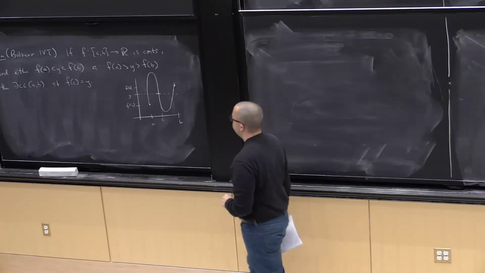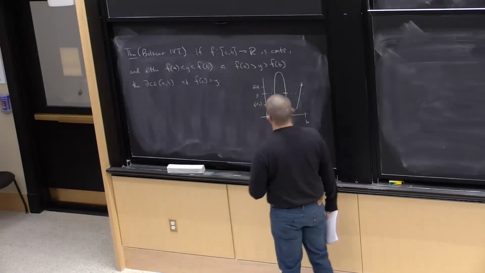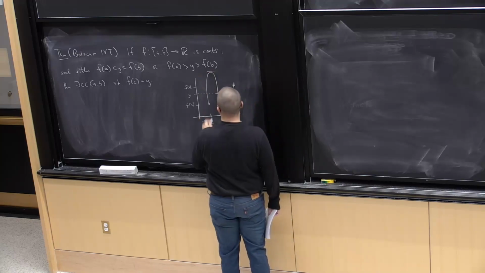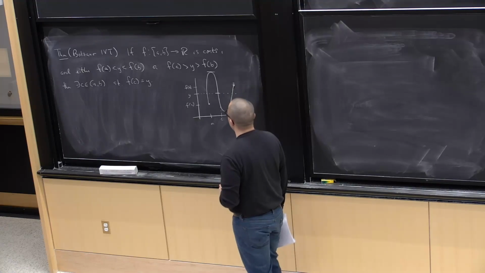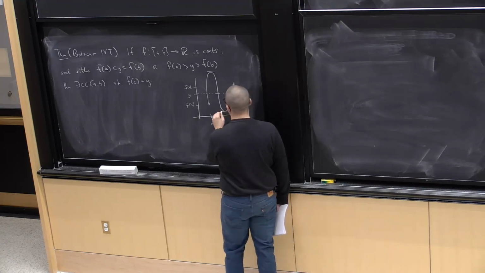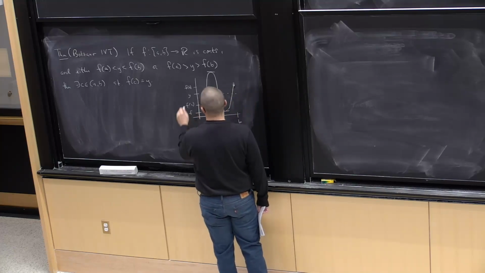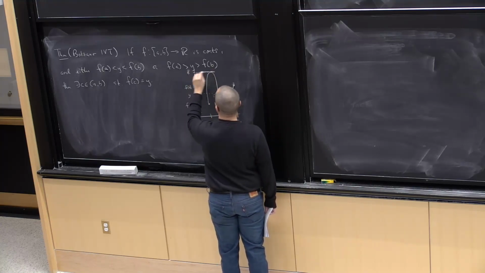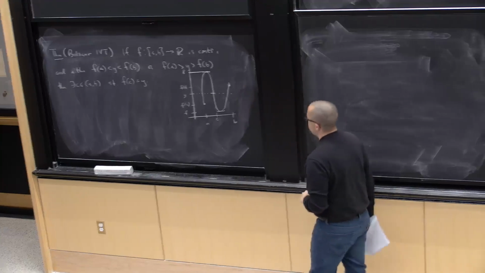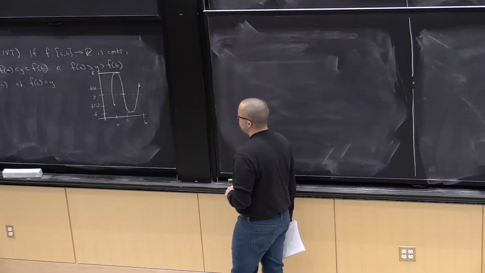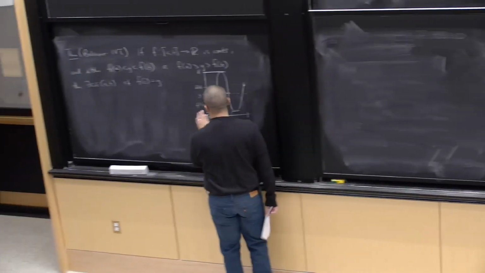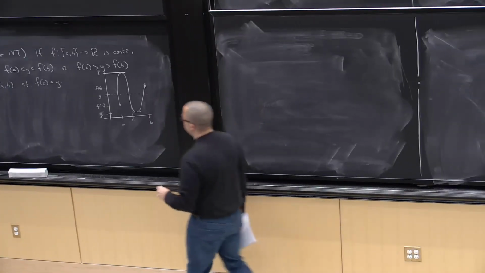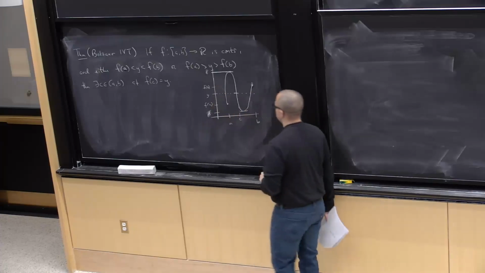Okay, and then the last thing we talked about at the end of last lecture was that the image of a closed and bounded interval by a continuous function is again a closed and bounded interval, where E corresponds to the absolute max of f, and D corresponds to the absolute min of f.